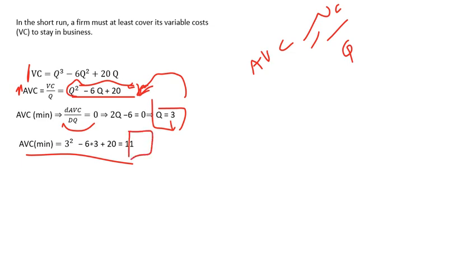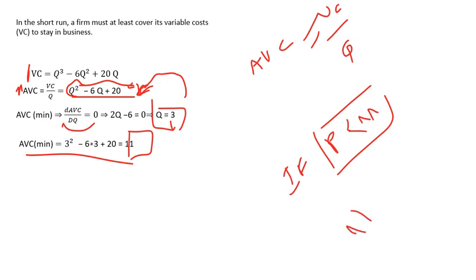So 11 is the minimum average variable cost, and this is the shutdown price, which means if the price is less than 11, there is no quantity that allows the firm to cover at least its variable cost, which means the price should be greater or equal to this shutdown price, which is 11. And let's check it in a table.